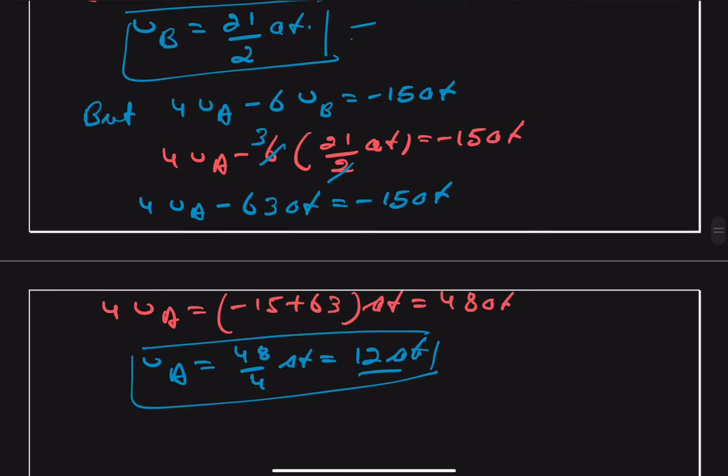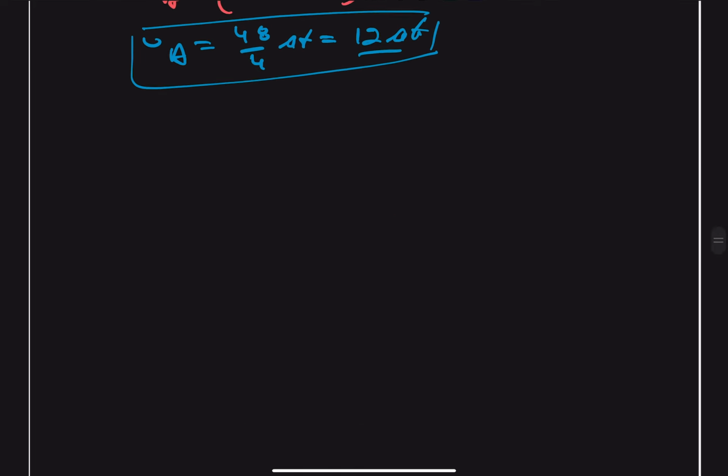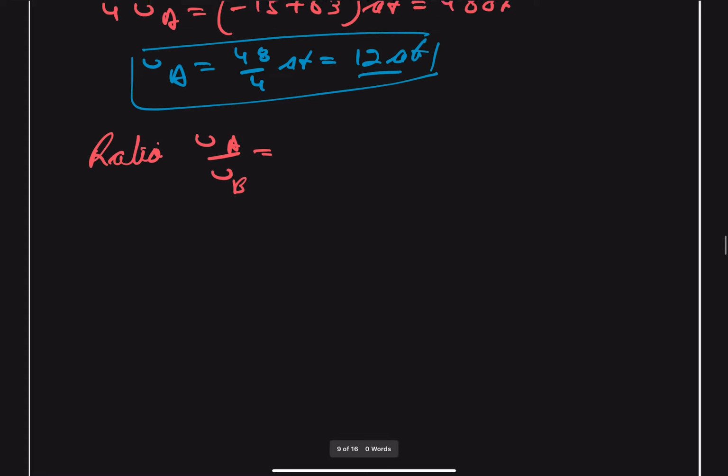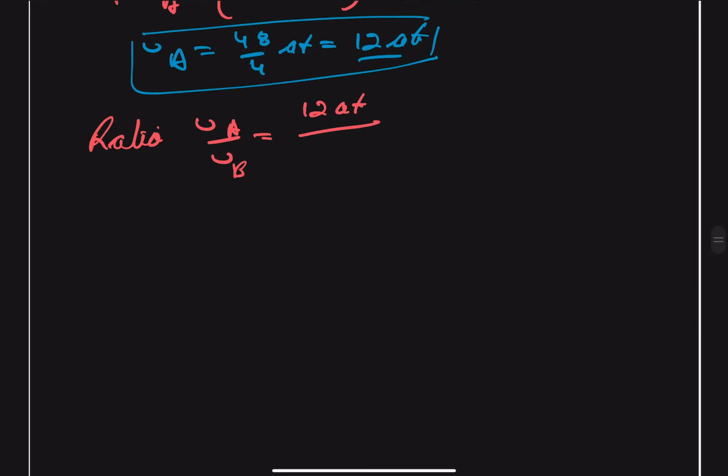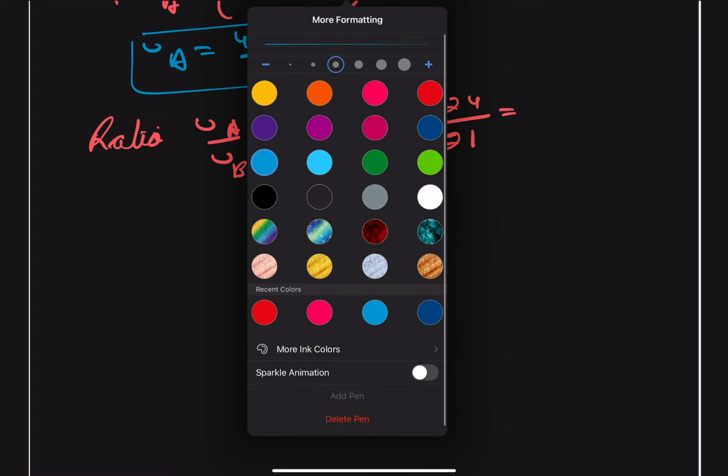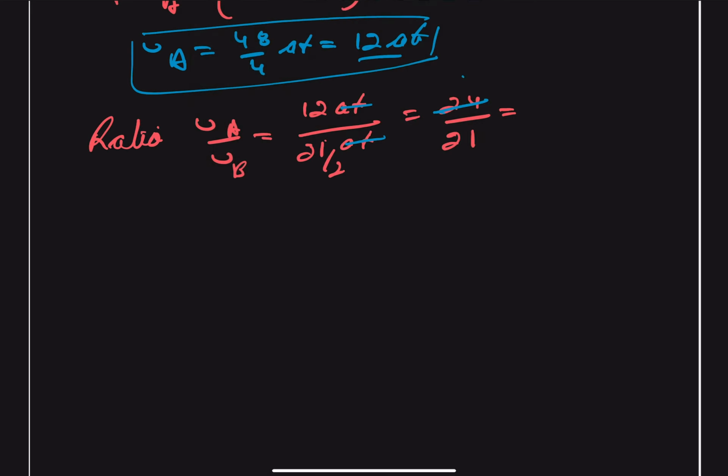Because we have to find the ratio, we can say the ratio VA by VB is 12 times at divided by 21 divided by 2 times at. at and at cancel out, and we can write this will be equal to 24 divided by 21, which can be further simplified as this goes by 3, 8, and this goes by 7.